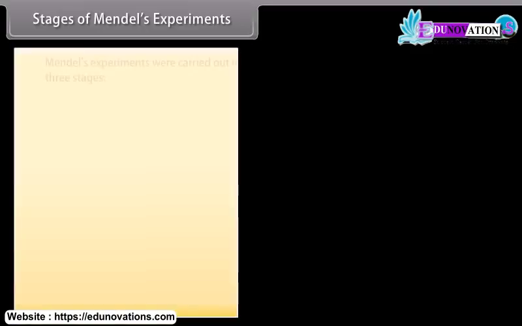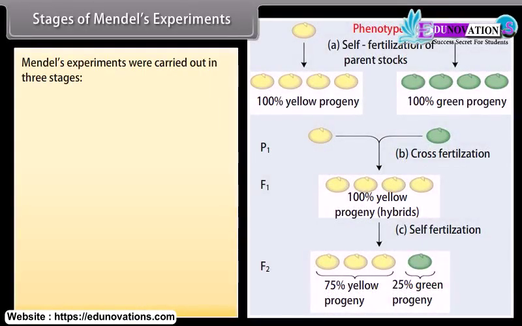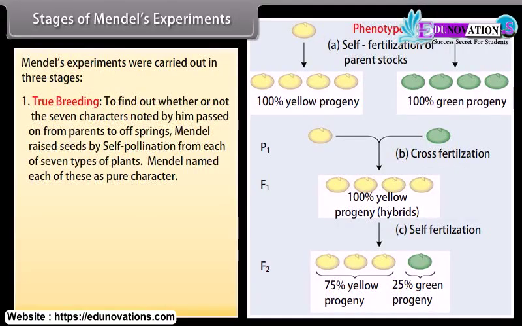Stages of Mendel's experiments. Mendel's experiments were carried out in 3 stages. True breeding, to find out whether or not the 7 characters noted by him passed on from parents to offsprings. Mendel raised seeds by self-pollination from each of 7 types of plants.